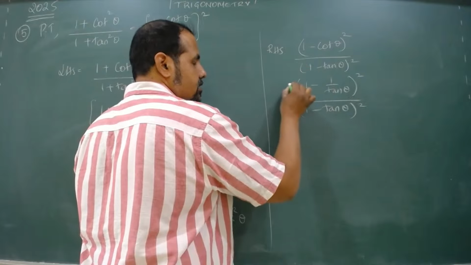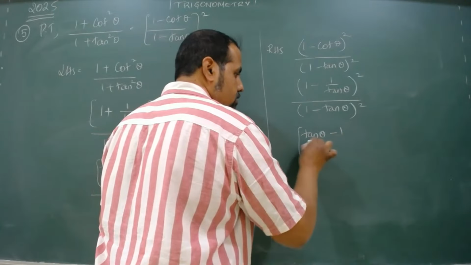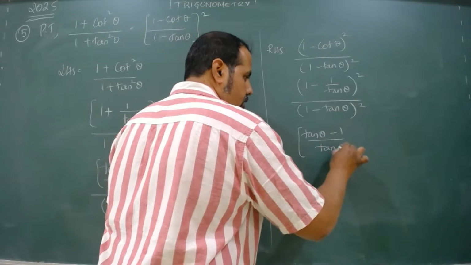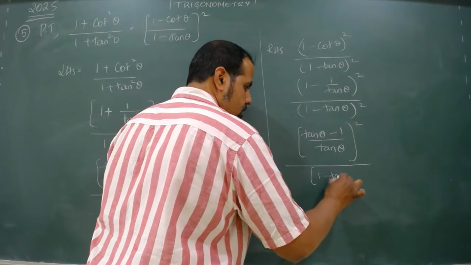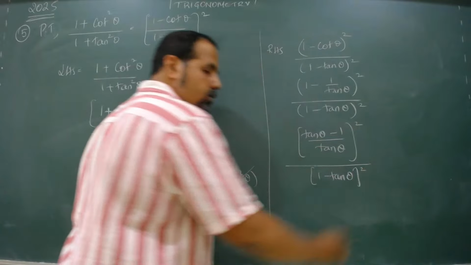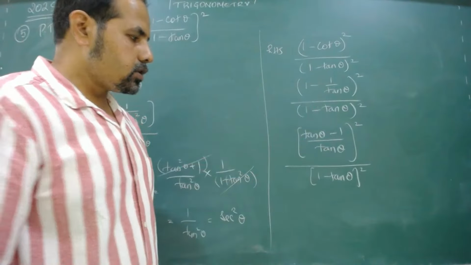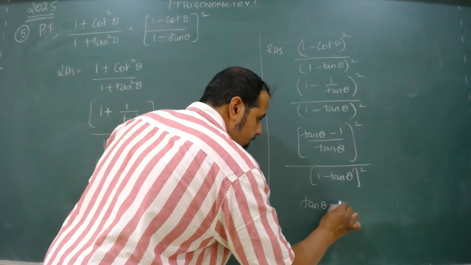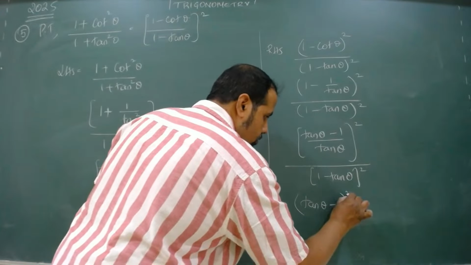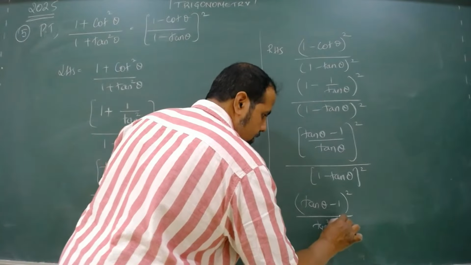Let me take the LCM for the numerator. We get (tan theta minus 1) divided by tan theta, the whole square, divided by (1 minus tan theta) the whole square. Now, let me split up the numerator. Observe here: (tan theta minus 1) the whole square divided by tan square theta.